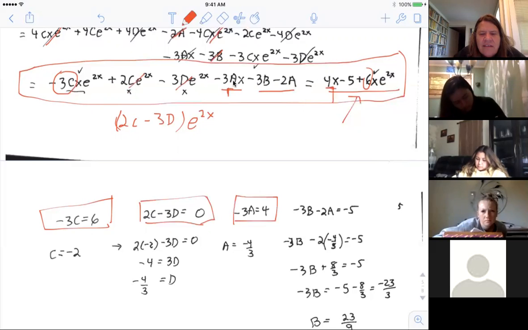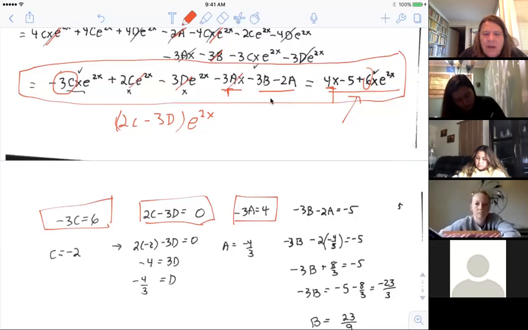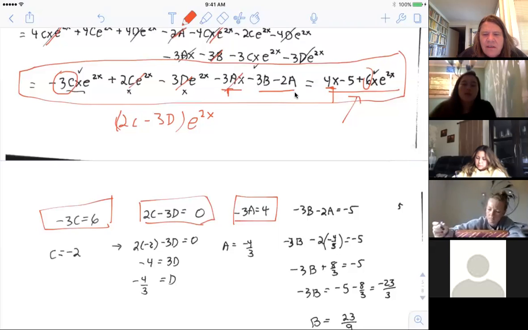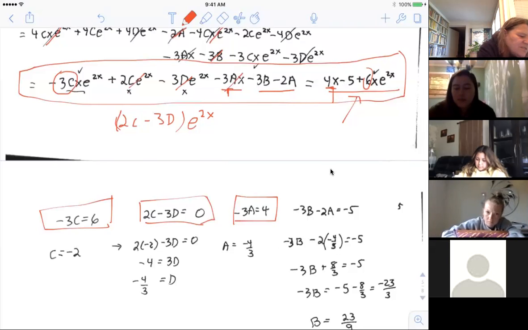The last thing that needs accounting for, so that one's gone, is this constant thing right here. Minus 3b minus 2a. The only constant I've got on this side is minus 5. So minus 3b minus 2a is minus 5.